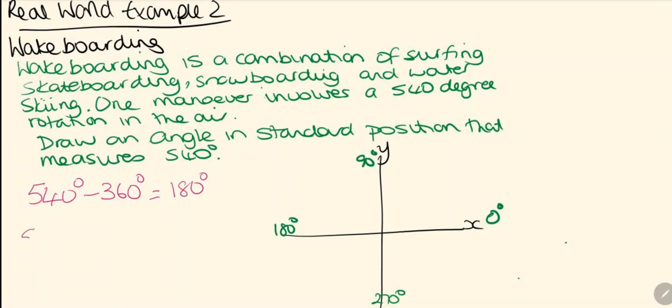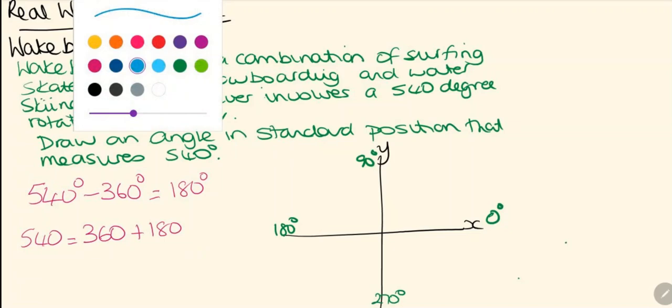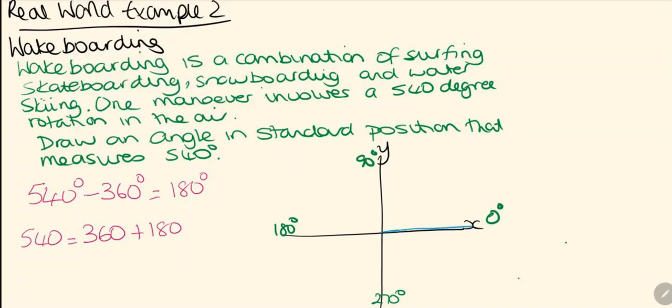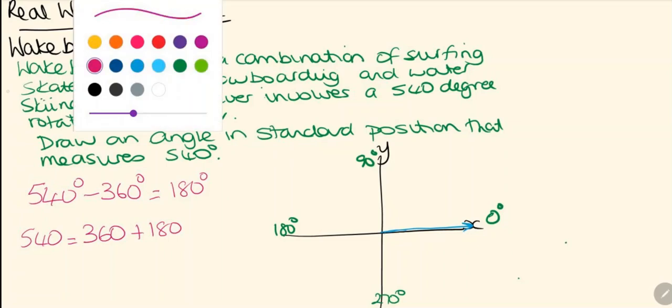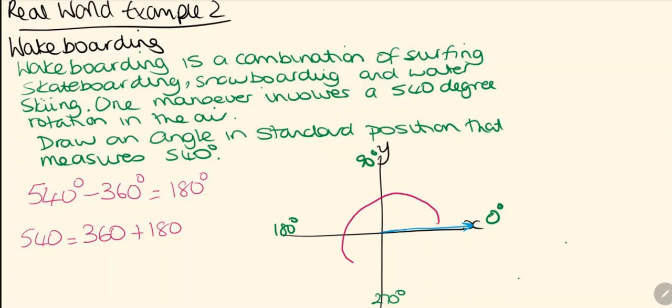So we know 540 is equal to a full turn plus half a turn. So we need to draw this. The angle is going to go from here, around a full turn and then around half a turn. So we've gone round 1.5 times. So this angle is 540 degrees and it's positive.